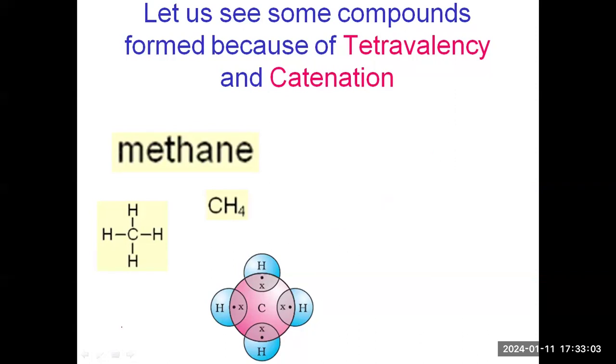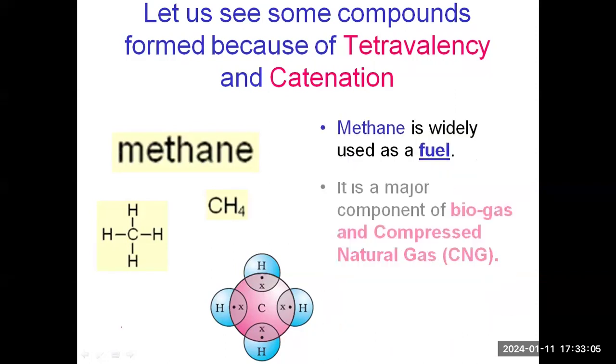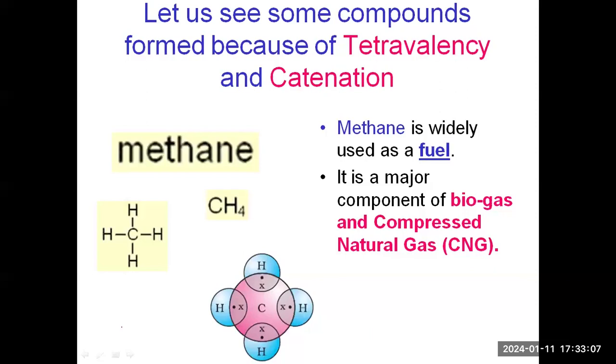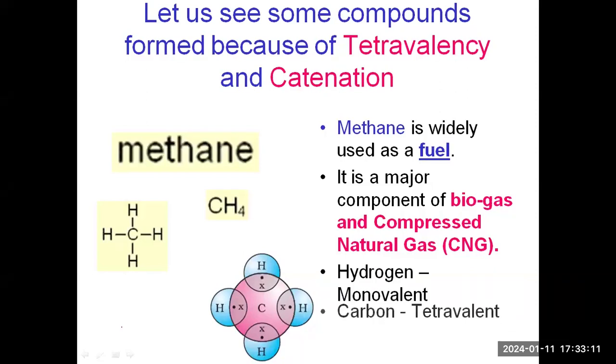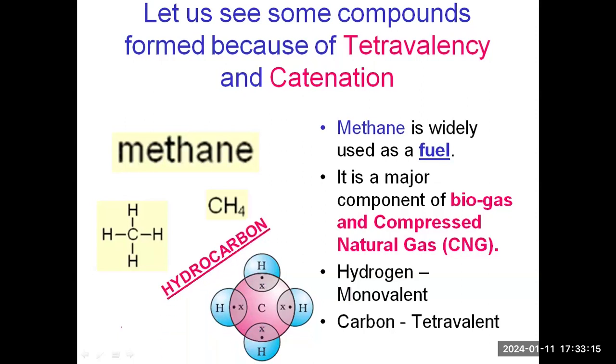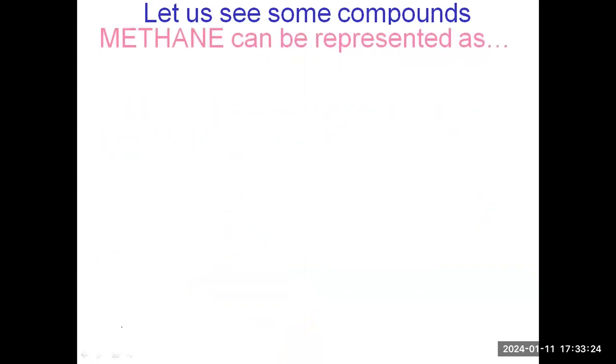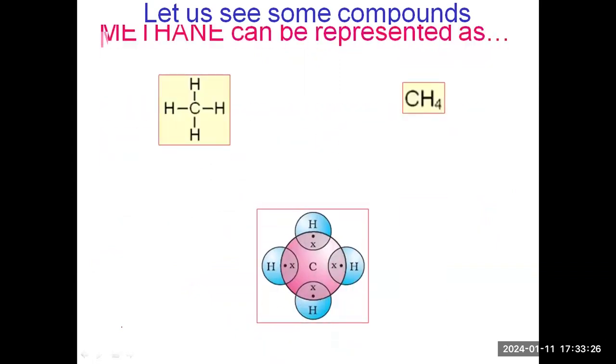Okay. So methane is, as I told you, a biogas. The common name is CNG also. Hydrogen is monovalent, carbon is tetravalent. This is one of the hydrocarbons. Hydrocarbons are the compounds which are made of only hydrogen and carbon. Methane can be represented in 3 ways.